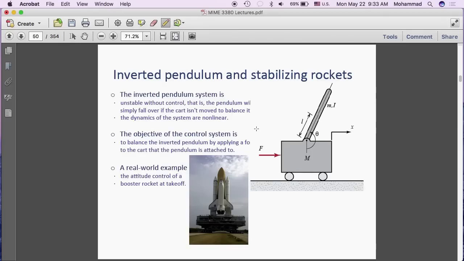Can you think of another inverted pendulum as a typical system that you may or may not have dealt with, but you've probably seen it? Have you been to a famous sightseeing location?